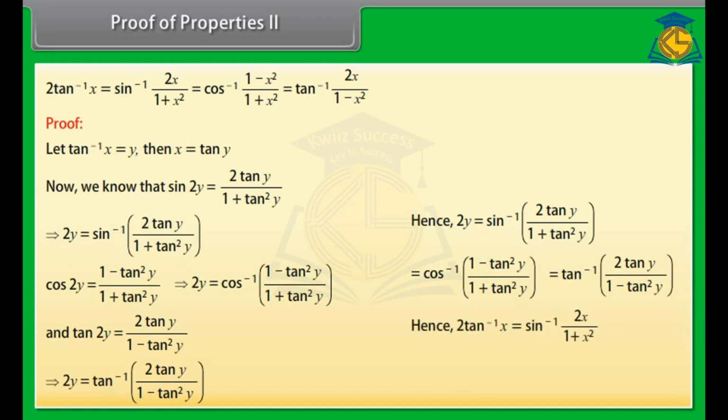Hence, 2 tan inverse x is equal to sin inverse of 2x by 1 plus x square, which is equal to cos inverse of 1 minus x square by 1 plus x square, which is equal to tan inverse of 2x by 1 minus x square. Example.